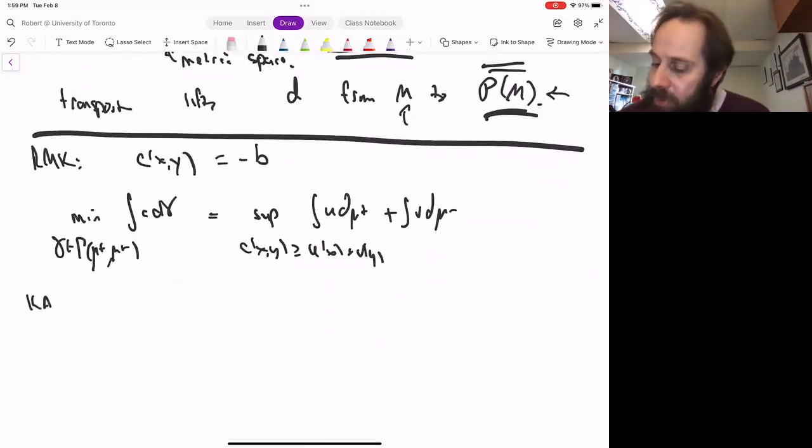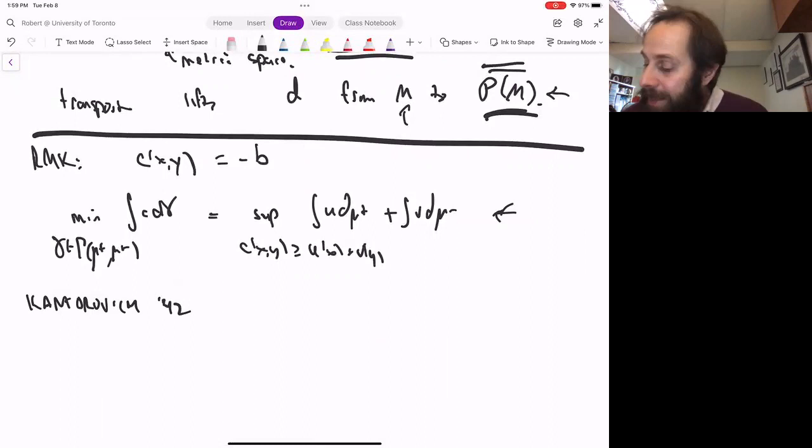So Kantorovich's observation, if you read his 1942 paper, is not the dual problem he writes down. He writes down a slightly different dual problem, and it turns out that the dual problem he writes is only appropriate when the cost actually satisfies the triangle inequality.